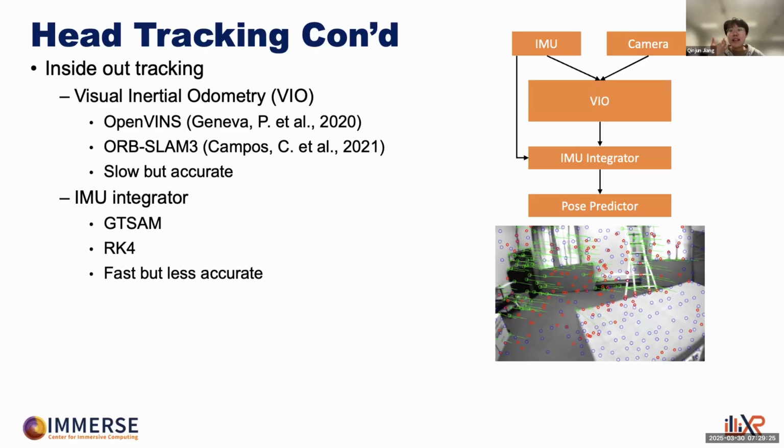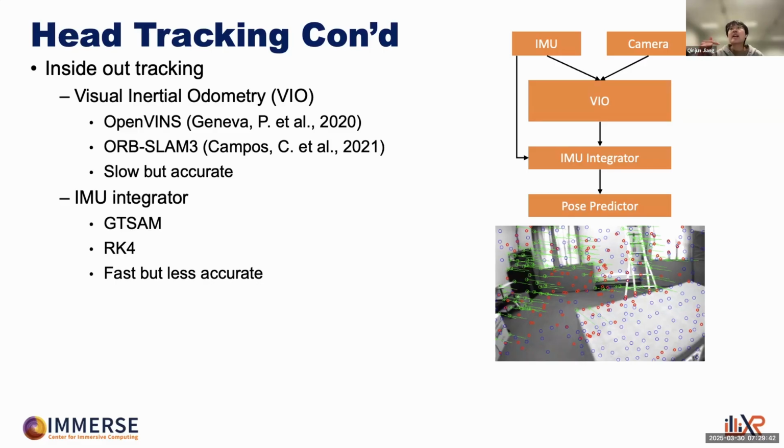But it can usually work very well on the short time horizon, such as 33 milliseconds between two VIO poses. Also, the VIO usually has the functionality of estimating the noise model and biases of the IMU sensor.